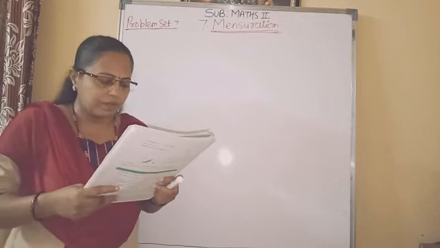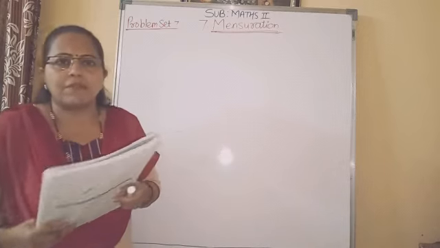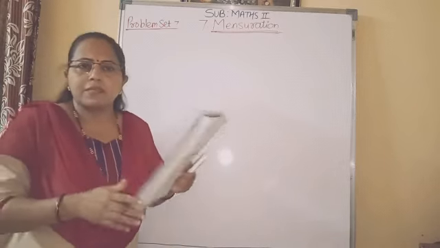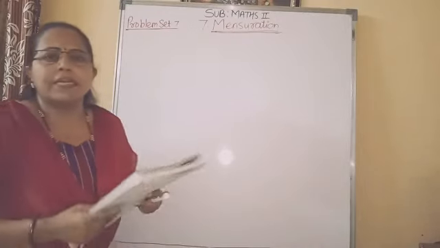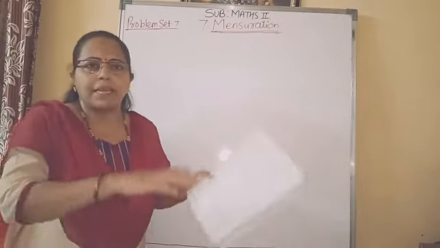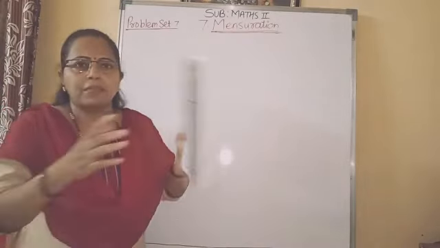Okay. So here in this question, two shapes were given. One is a cylindrical bucket and the second one is a cone. First, the sand is fully filled in the bucket and the sand was poured on the ground and it made the shape of cone. That means the volume of cylindrical bucket is equal to volume of cone.